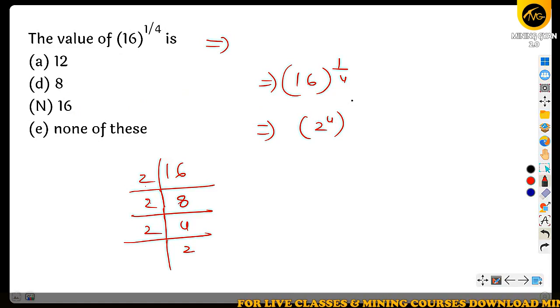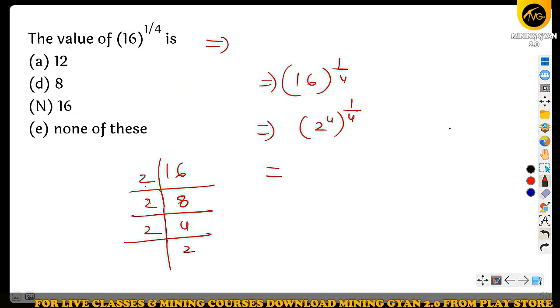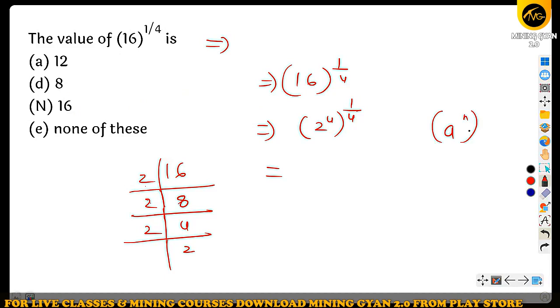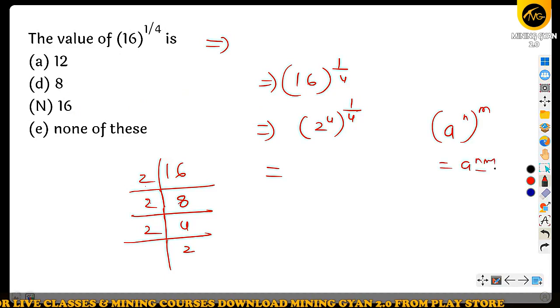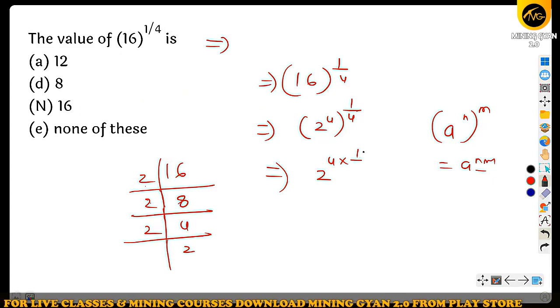So now the whole power is 1 divided by 4. Now what are the rules of the indices? If the base is a power n and then power m, that means a power n into m. Similarly, we can write 4 into 3 divided by 4.